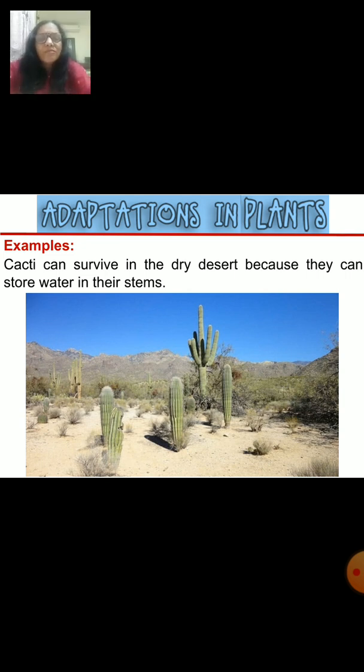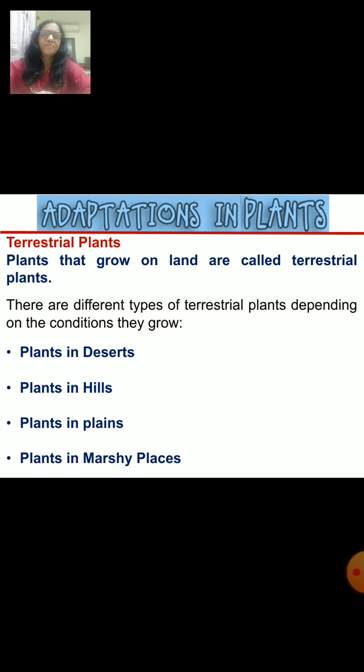Now, as we have to discuss adaptations in plants, we will learn about different types of plants, right? So we will begin with terrestrial plants. Plants that grow on land are called terrestrial plants.